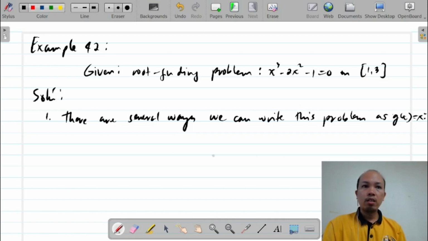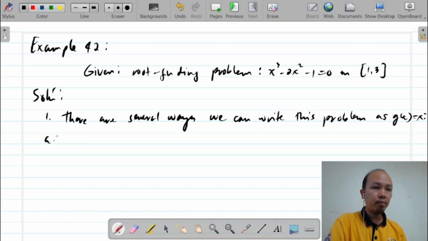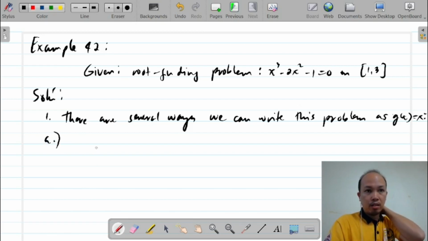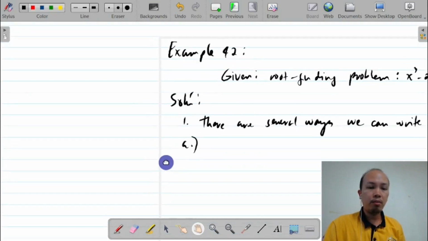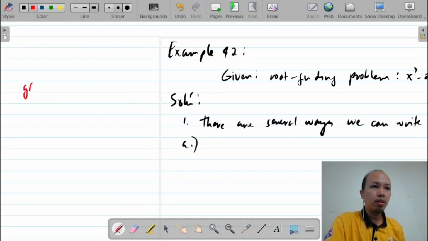So first, maybe you are tempted to use this formula that I wrote before, like this one here, g of x is equal to x minus f of x.